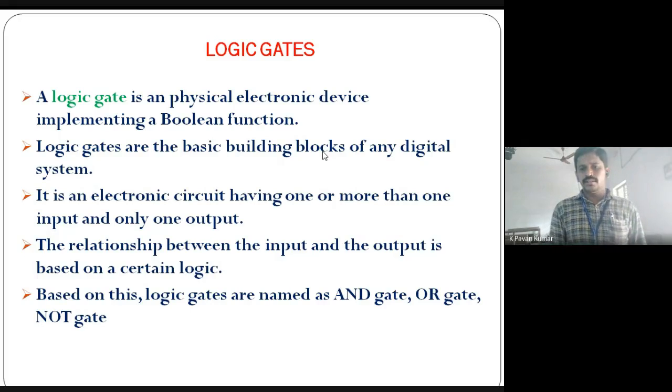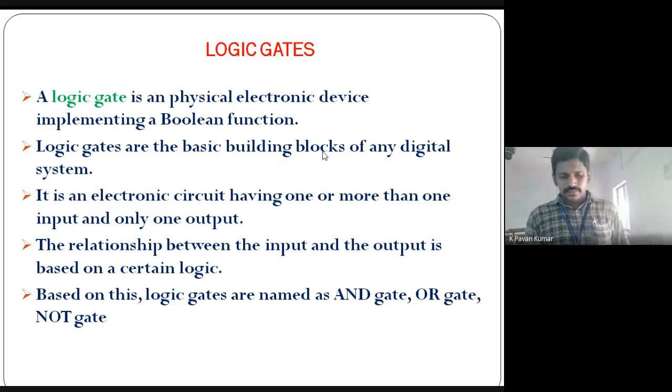You know about the logic: OR logic, AND logic, and NOT logic are the basic logics used in digital electronics. These are the Boolean functions. Logic gates are the building blocks of any digital system. A logic gate is an electronic circuit having one or more inputs and only one output.